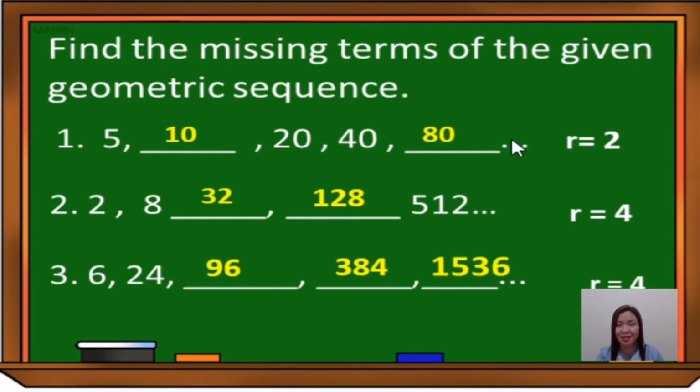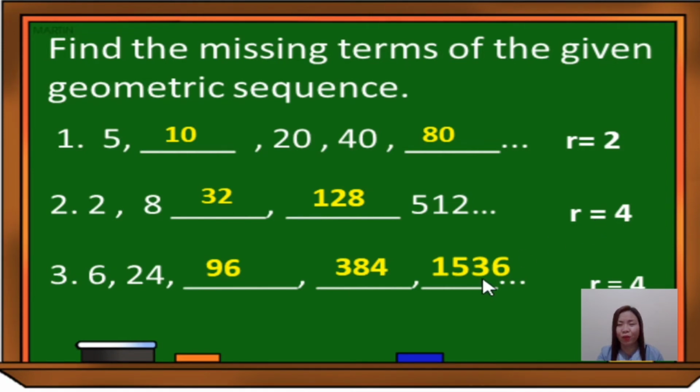And the second example, 512 divided by 128, and the quotient is 4. 128 divided by 32, and the quotient again is 4. We have 8 divided by 2, and the quotient is 4.